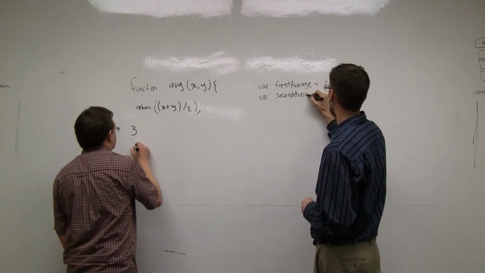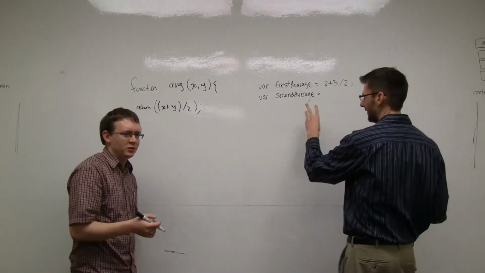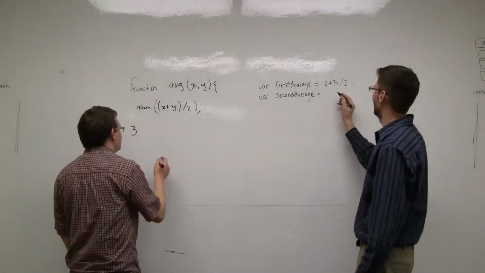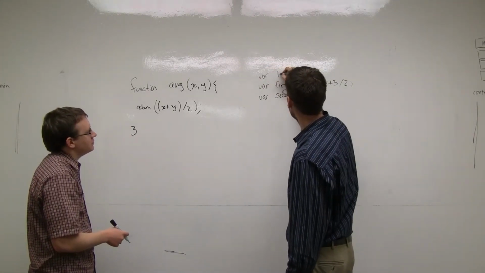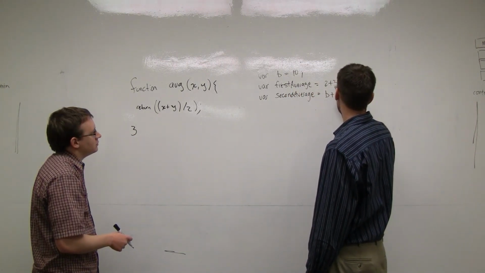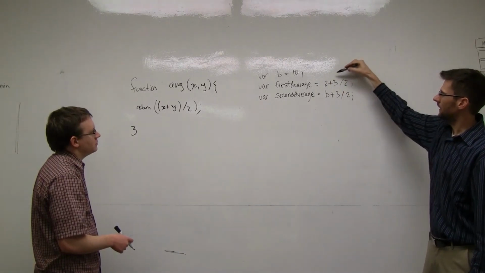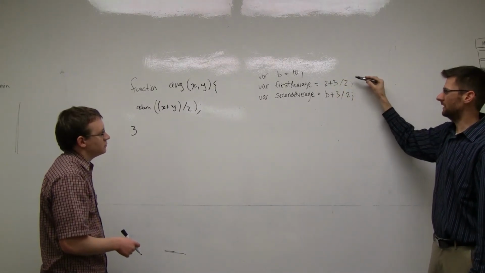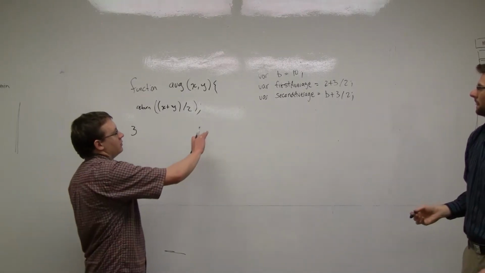We need to work on the length of our variable names, but I'm a big guy with, I like to have very descriptive variable names. But let's say we actually had var b up here is equal to 10 or something like that. And so down here we could say b plus 3 divided by 2, right? All this code right here is being done over and over and over, right? Right. It's redundant.